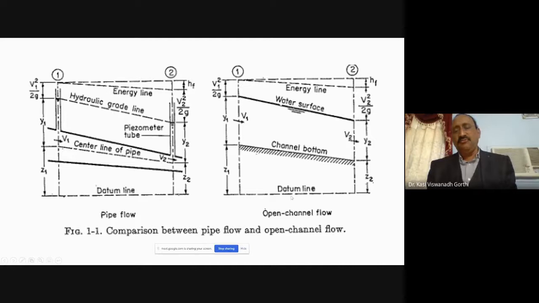So in open channel flow, the water surface itself acts as the hydraulic grade line. From there, if you add V square by 2G, the velocity head at different sections, the line joining all these points gives you the total energy line, TEL.